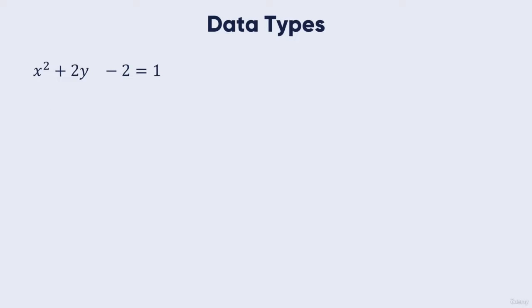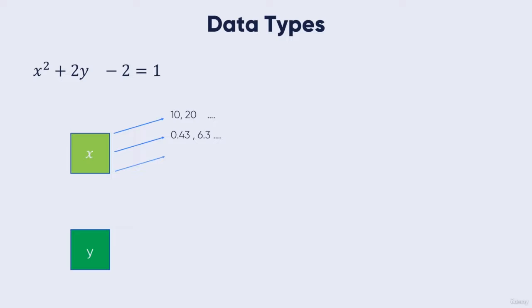In this equation, the variables x and y can take any values, such as integral numbers 10 or 20, real numbers as 0.43, 6.3, or just 0 or 1.